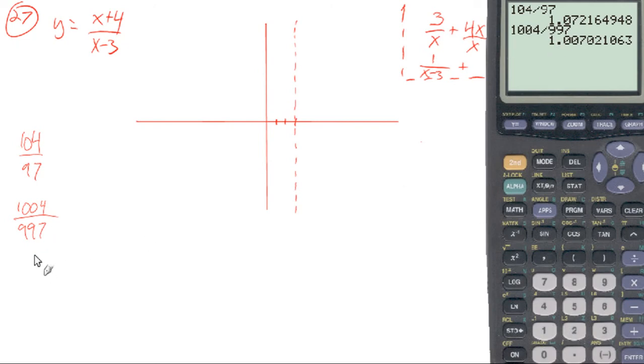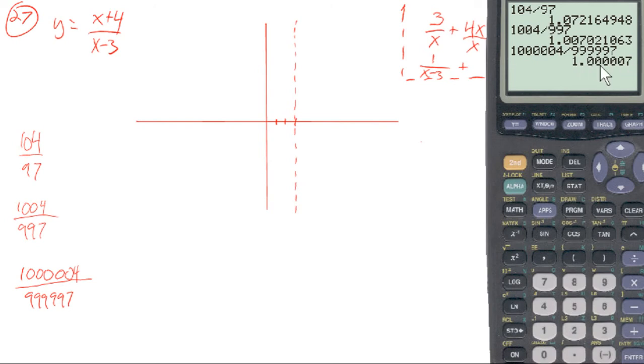Let's try putting in 1,000,000. Okay, let's go really big. 1,000,004 over 999,997. So 1,000,004 divided by 999,997. Okay, even closer to 1. Just the tiniest bit off of 1.